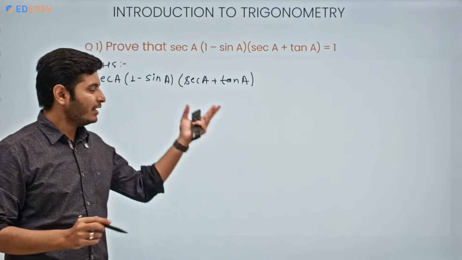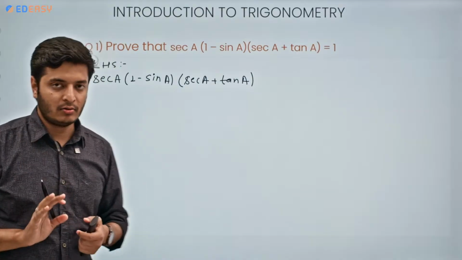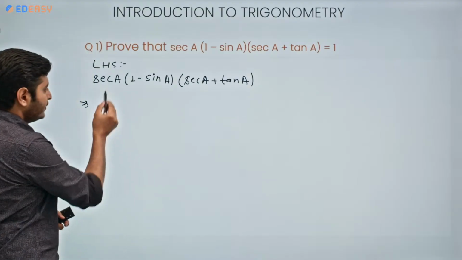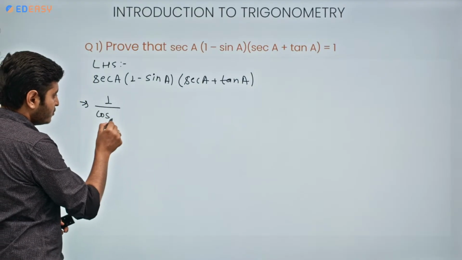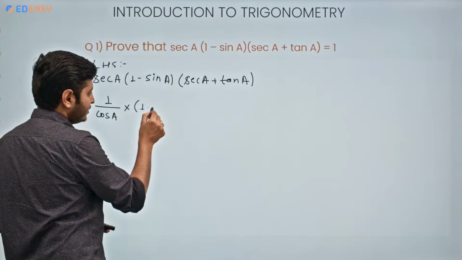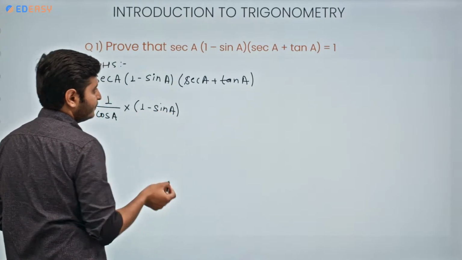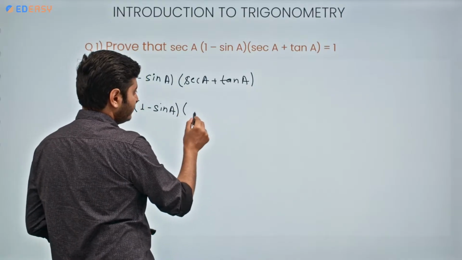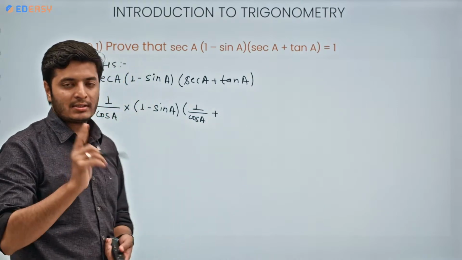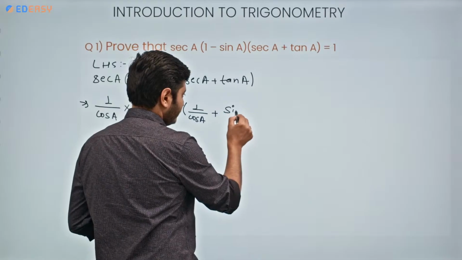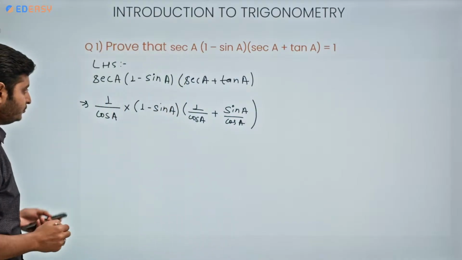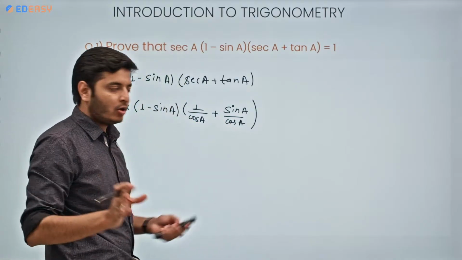We are going to convert every trigonometric ratio in terms of sine and cos. Secant A is nothing but the reciprocal of cos, so it will become 1 by cos A. 1 minus sine A is in terms of sine A only, so it will remain as it is, 1 minus sine A. Secant A again will become 1 by cos A, plus tangent A is sine A by cos A. Now, we can take cos A common here, correct?